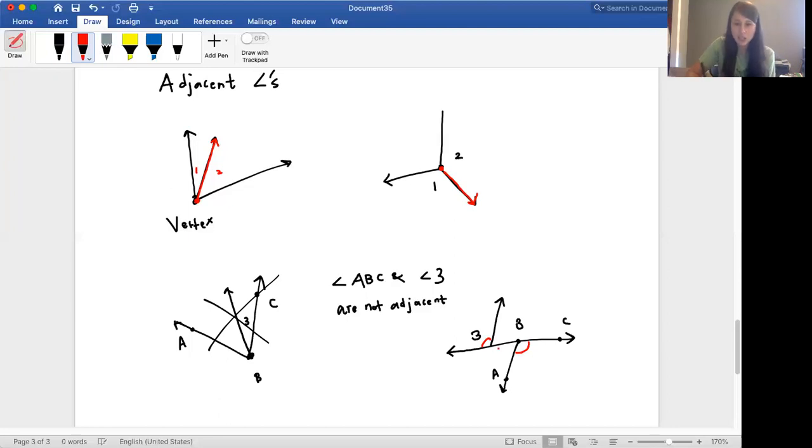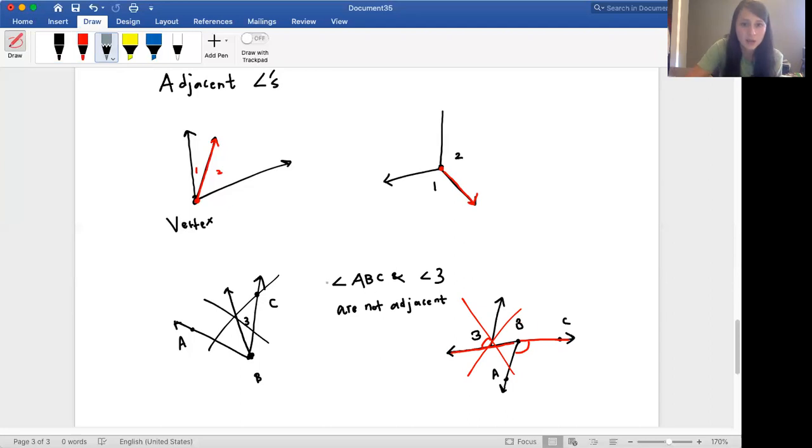They're not touching, they're not sharing a common line that creates the angle, a common side. And so even though here they're kind of sharing it and here they're sharing it, it's not the part that they both have in common and they're not side by side. So this is non-adjacent as well. So angle ABC and angle 3 are non-adjacent. Okay.